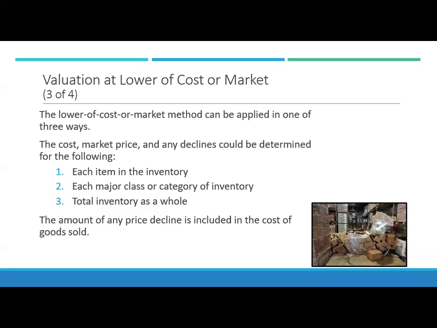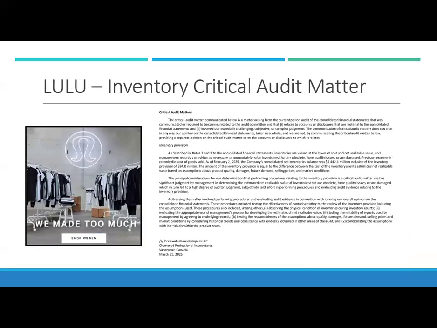And we'll go into the calculations for those in a minute, but I wanted to illustrate how applicable this is to real businesses. Lululemon has a critical inventory audit matter. A critical audit matter is something that gets put on the auditor's report, and the auditor basically says, there's nothing wrong, there's nothing misstated, but this is a particularly complex accounting issue that's particularly risky.